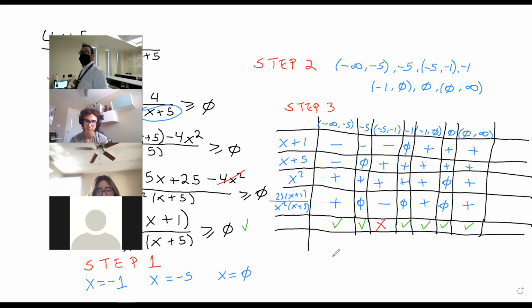It would be from minus infinity to -5, including the -5, union from -1 to infinity. Okay, this would be the solution. And this last thing that we did over here is step 4.